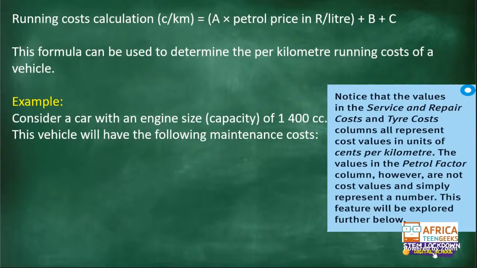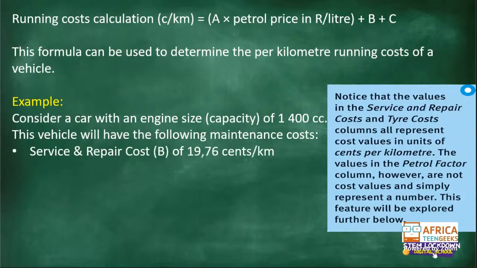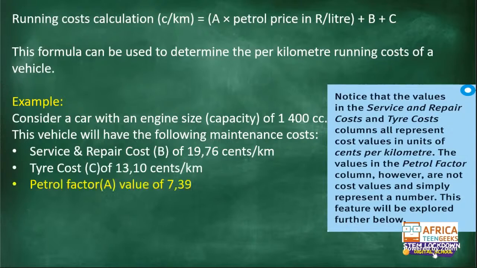The vehicle will have the following maintenance costs. You can see that we've got 19.76 cents per kilometer. And then you also have 13.10 cents there per kilometer. And the petrol factor as well, which is the value of the petrol factor is 7.39.